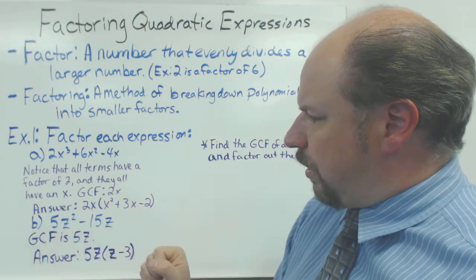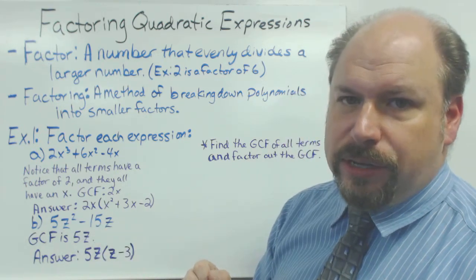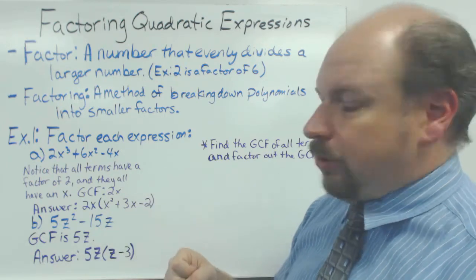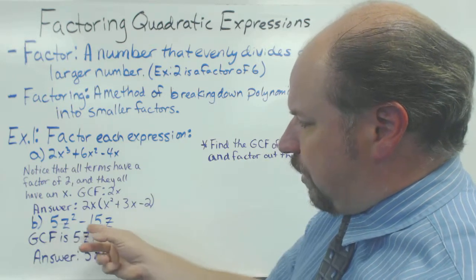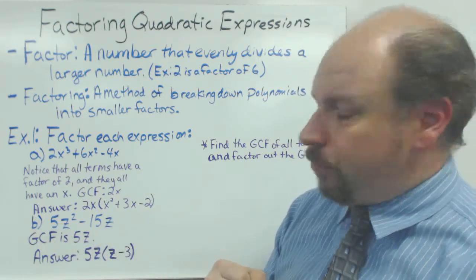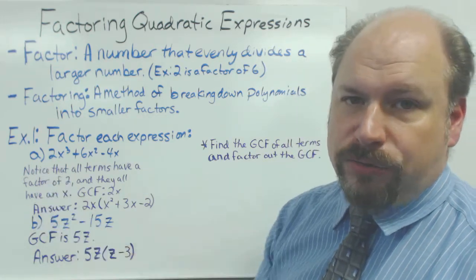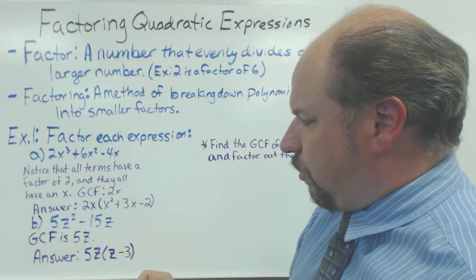Okay, so in our next example, B, 5z squared minus 15z. So again, we have to think about what is the greatest common factor of all those terms, or what do they have in common in each? Well, notice they both have a factor of 5 in them, and they both have a factor of z. So we're going to factor out 5z. So our greatest common factor is 5z.